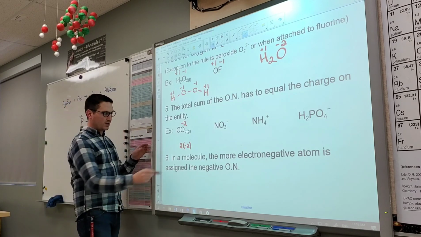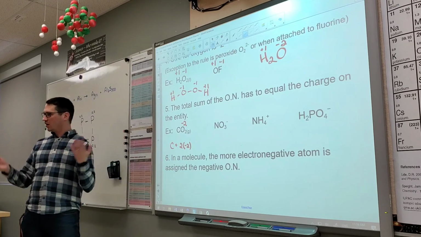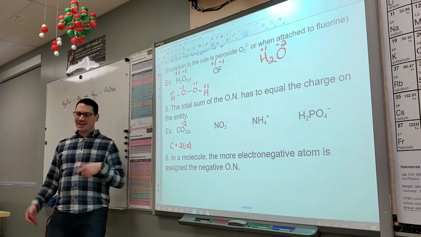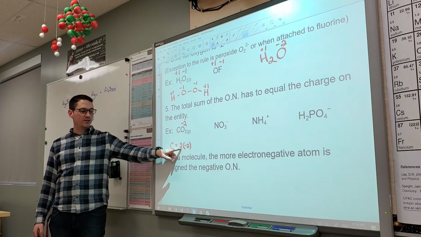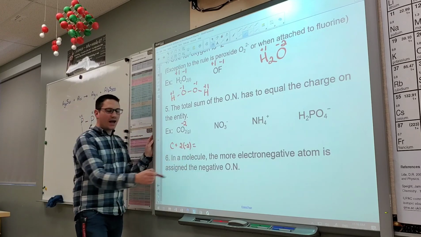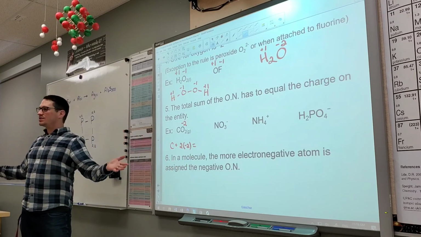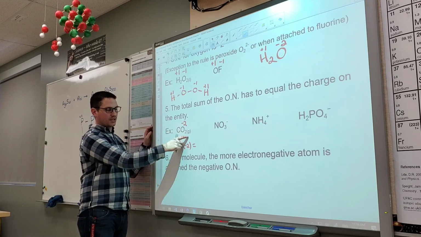No, we haven't. So I'm just going to write carbon. I don't know what the oxidation state for carbon is, but I know that we've got 2 -2s. And when I add all the oxidation states up, what should they add up to be for this particular molecule?